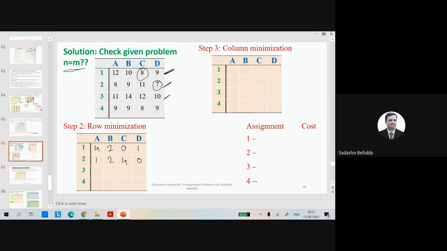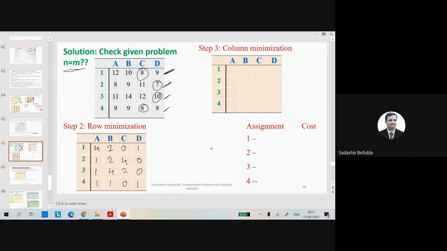In the third row, 10 is the minimum number. 11 minus 10 is 1, 14 minus 10 is 4, 12 minus 10 is 2, 10 minus 10 is 0. In the fourth row, 8 is the minimum number, so we get 1, 1, 0, 1. This way we need to finish off the row iteration.